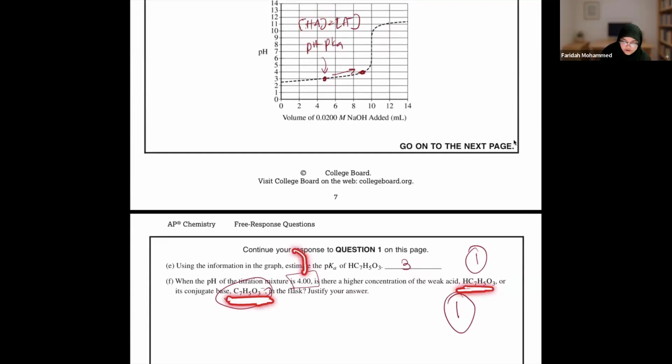Because 4 is more than the half equivalence point, which is the pKa, which is 3, that means the conjugate base, you have to mention that again, is going to be more than the concentration of the weak acid. Make sense?